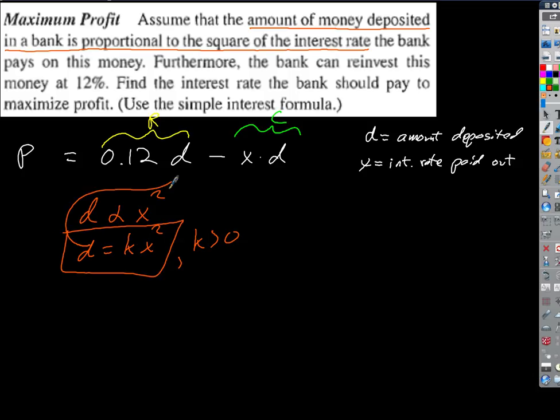We could substitute that in for our D's. But k is a constant. We don't know what it is, but it's probably not important. If it's not important, the math gods will take care of us, and it won't show up in any of our solutions.